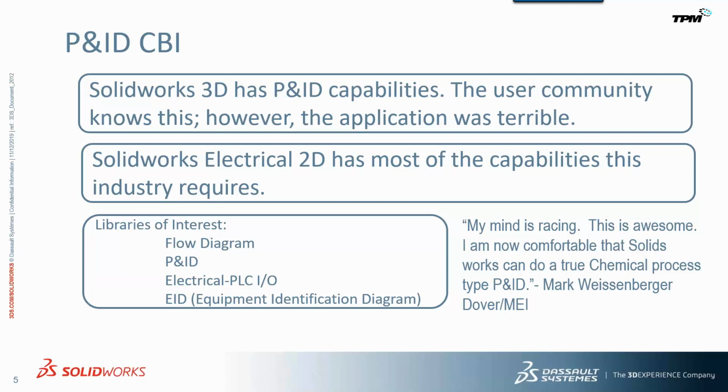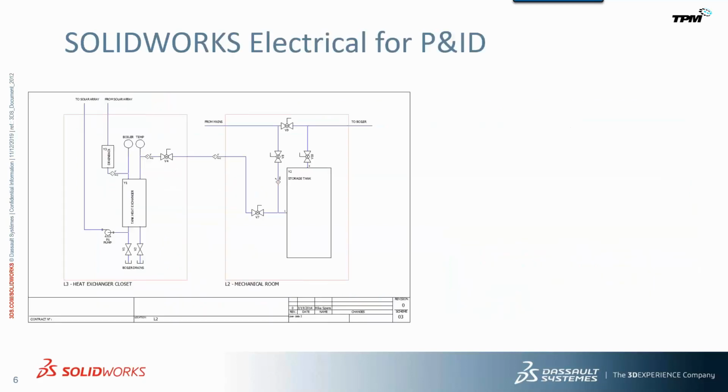So although this is electrical that we'll be utilizing, make no mistake, we've added in some tools that are very specific to P&ID applications, including libraries, and that usually is something that my customer base is very interested in as well.